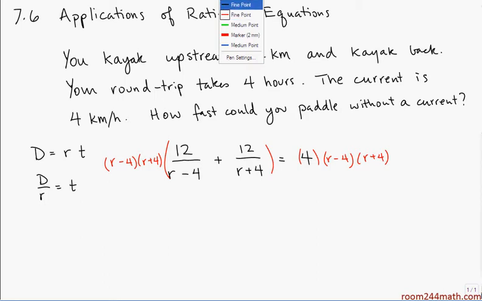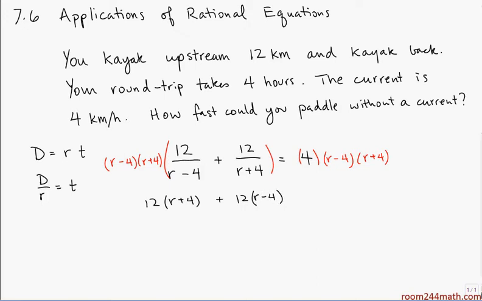So when we do the product on the left, the first product, the r minus 4's cancel, and we have 12 times r plus 4. And then we have the second product where the r plus 4's cancel, and you have 12 times r minus 4. And then on the right you have 4 times r minus 4, r plus 4, which is a difference of squares, which is r squared minus 16.